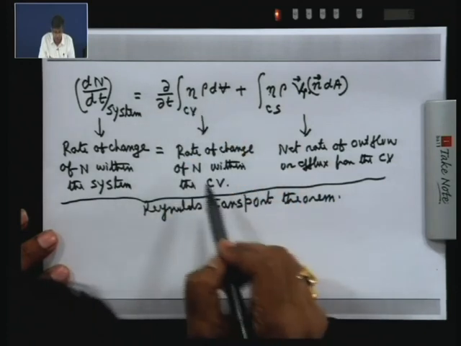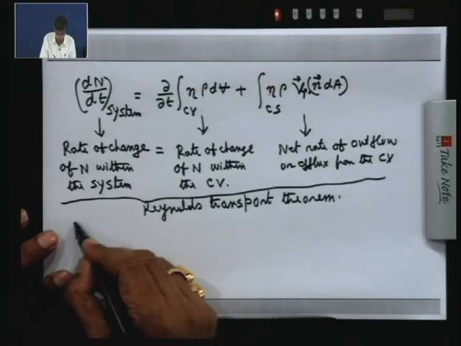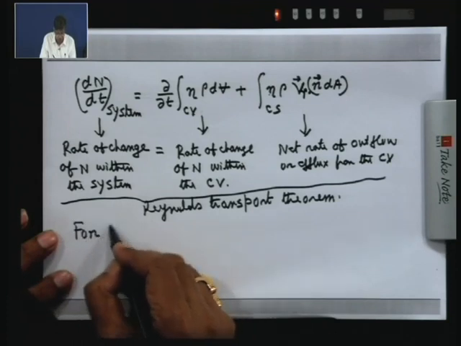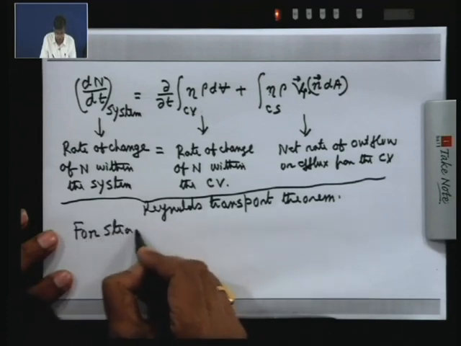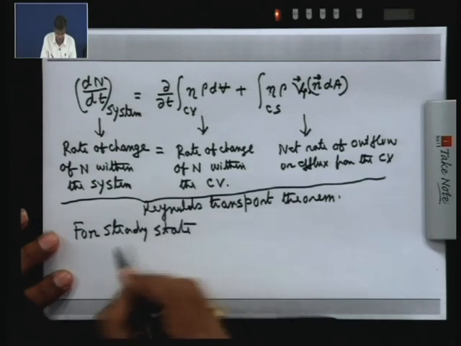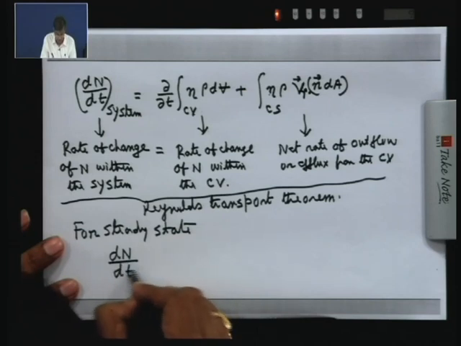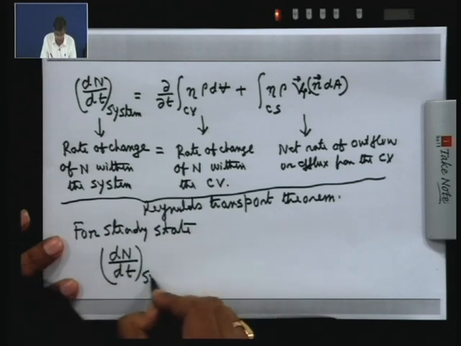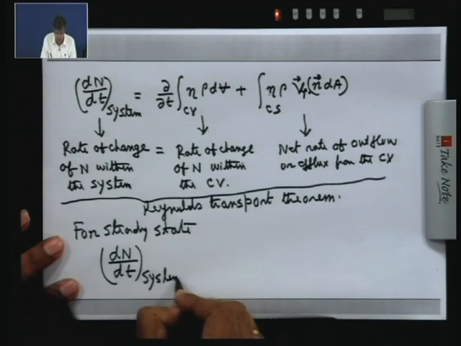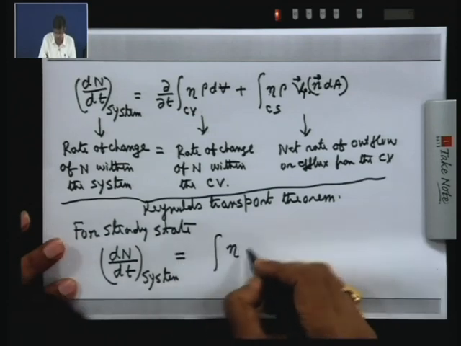Okay. Now, if the control volume is at steady state, this becomes 0, because no property changes with time within the control volume. Therefore, the Reynolds transport theorem for steady state is dn dt, that means the rate of change of property n for a system, equals only the efflux, eta rho Vr dot n dA over the entire control surface.